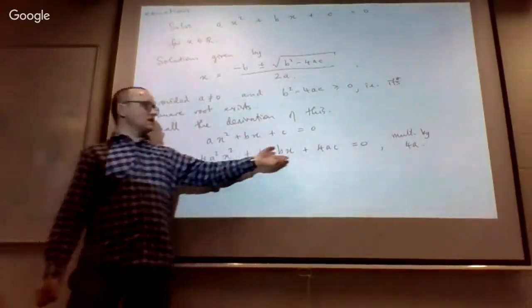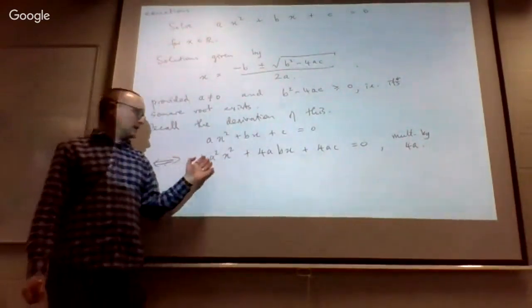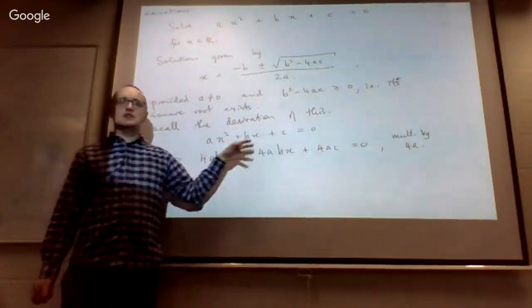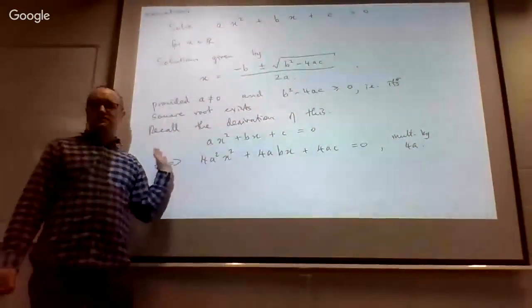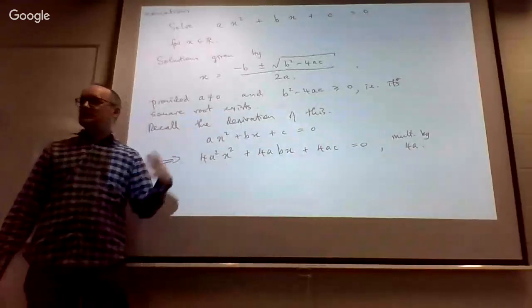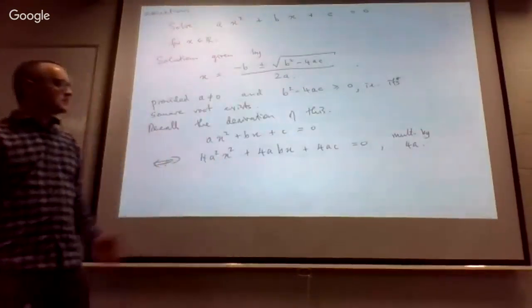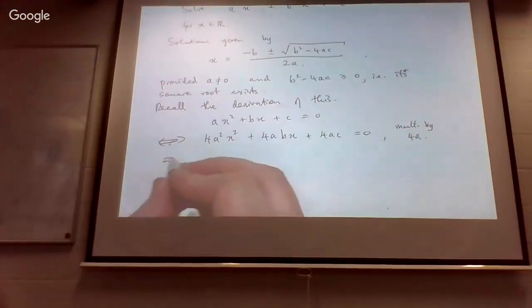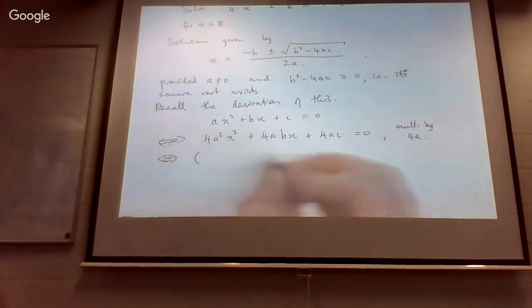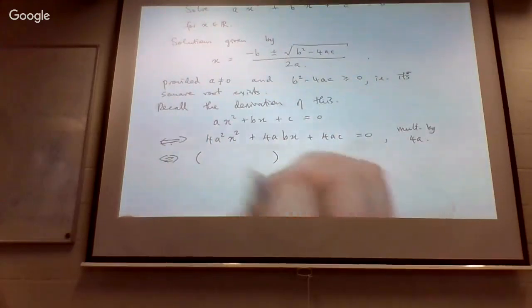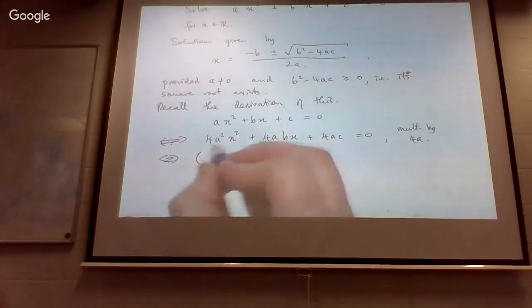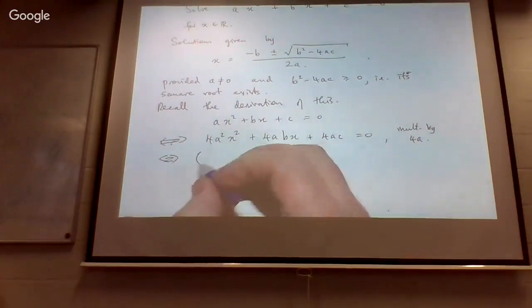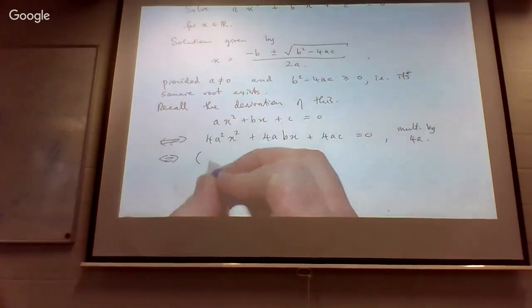But if the second equation is true, so if there is an x that makes this equation true, the first equation is true as well. So you just divide across by 4a. And that's legitimate because a is non-zero. Then you do this completing the square thing. The reason we multiplied by 4a was to convert this first term into a square. This is the square of 2ax.